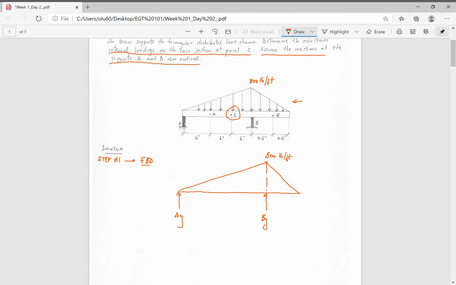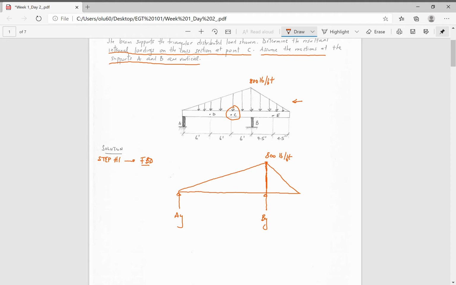And we can continue further. So right here we have two triangles that are connected at this point here. Now we want to be able to find the resultant force of each triangle.